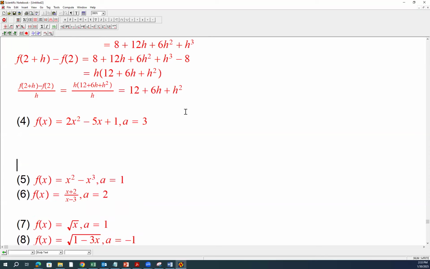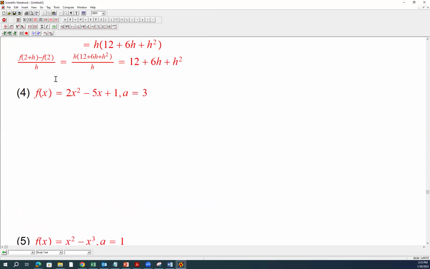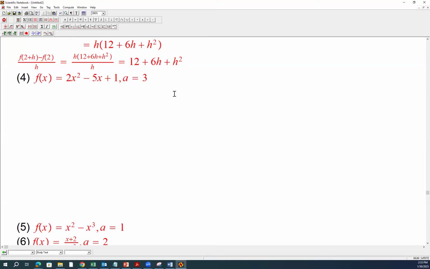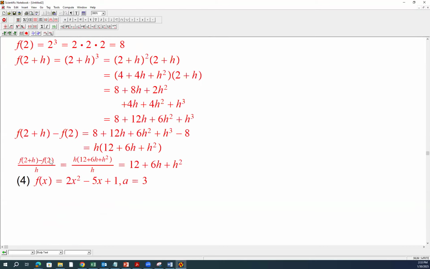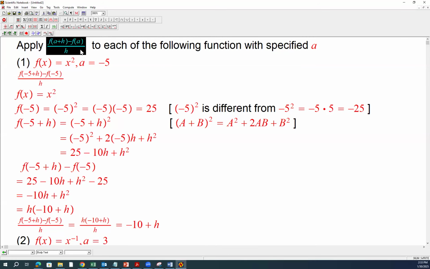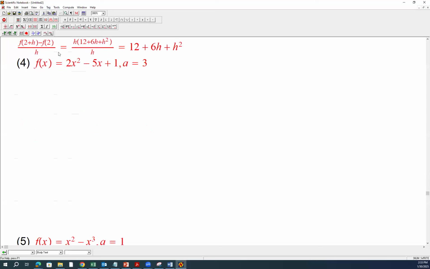Okay, number 4. You can see in terms of complexity, it has increased. So we are going to bring the formula with us. But in this case, a is 3. So a will be replaced by 3. And then we're going to work out, once again, something simpler, just to get it done.